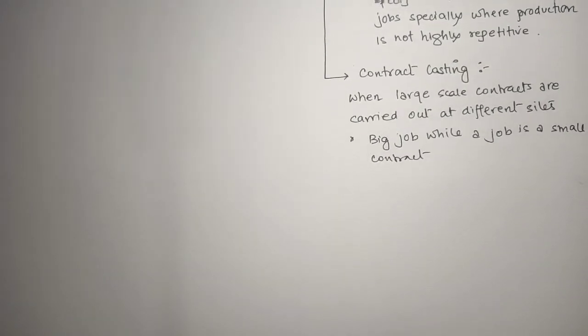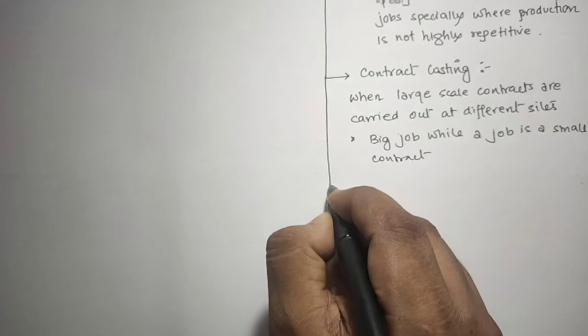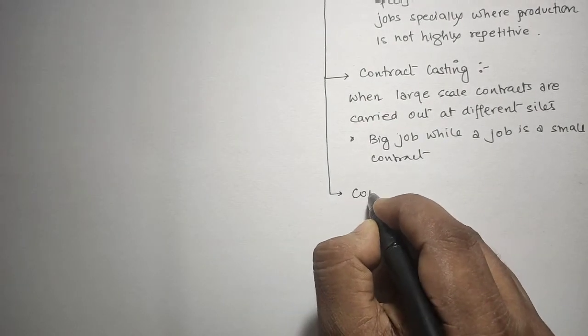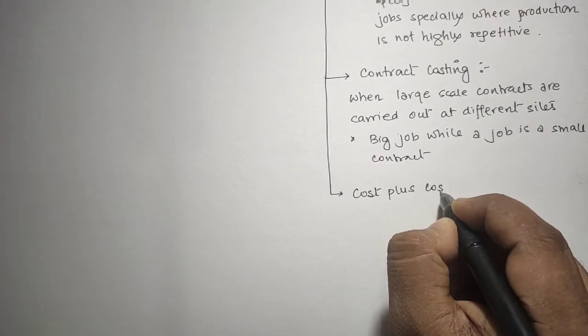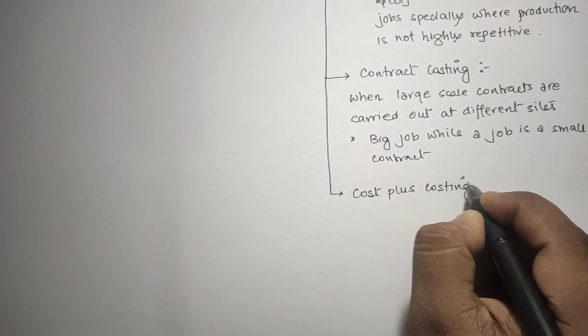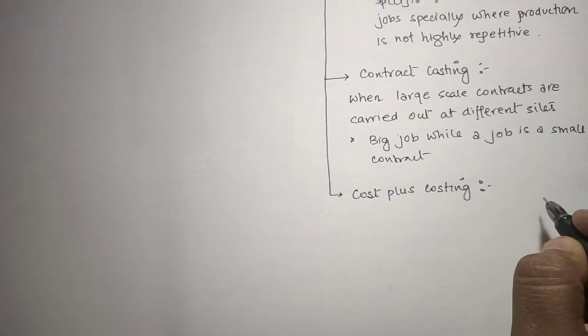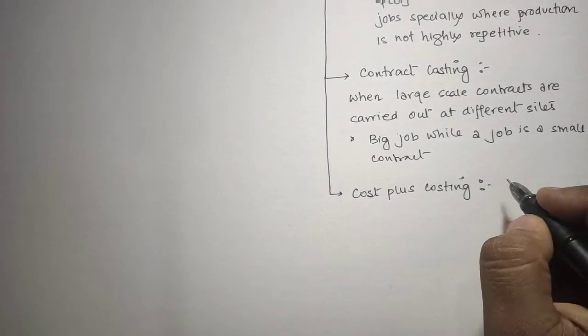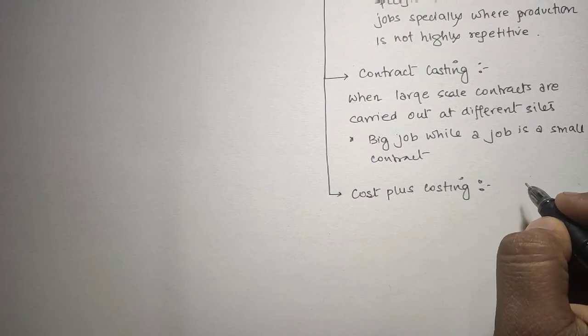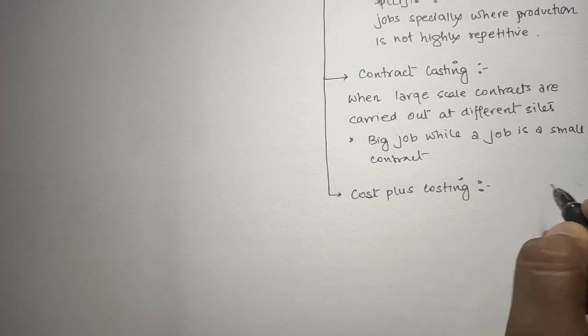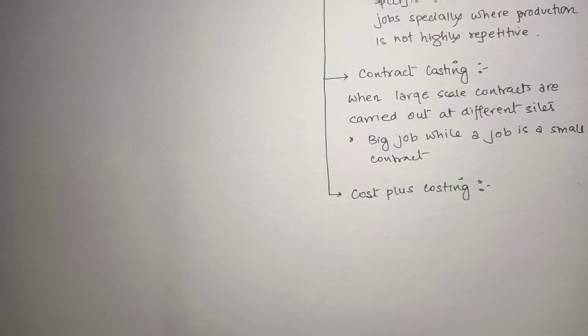Third, we have cost plus costing. In some contracts, an agreed sum or percentage besides cost to cover overheads and profit is paid to the contractor.